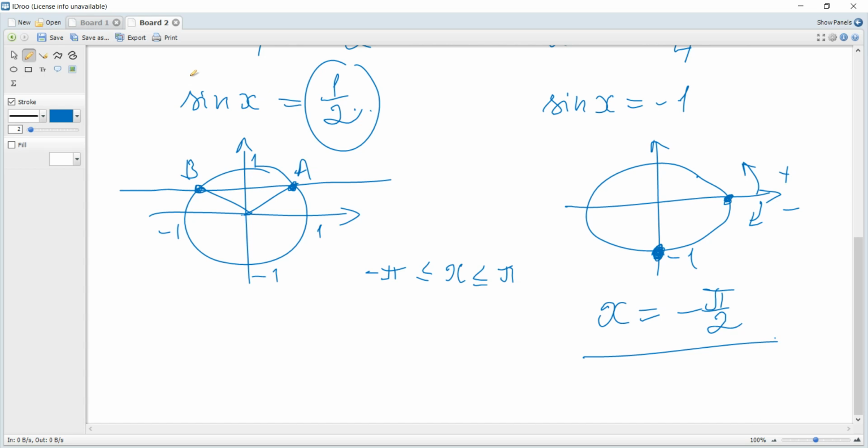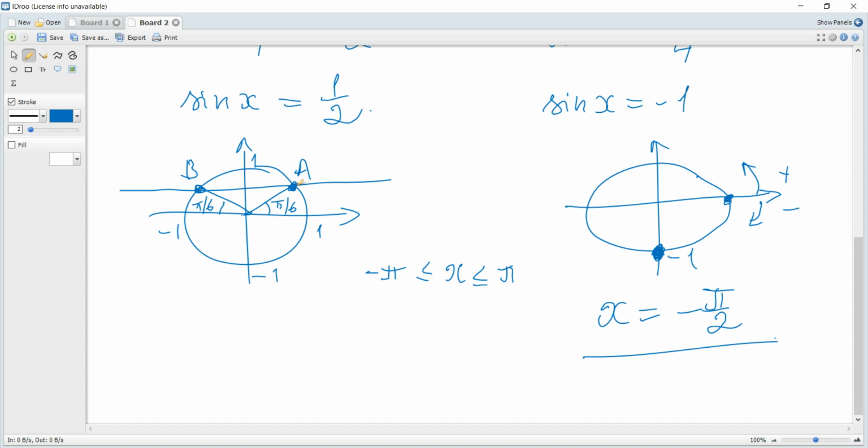In general it may be negative, but we consider this value to be positive, and we need to find the acute angle, from 0 to 90 degrees, such that sine is a half. It's 30 degrees or pi over 6, and these are supplementary angles, and they are always between the x-axis and our rays. So this angle is pi over 6, and this angle is also pi over 6.